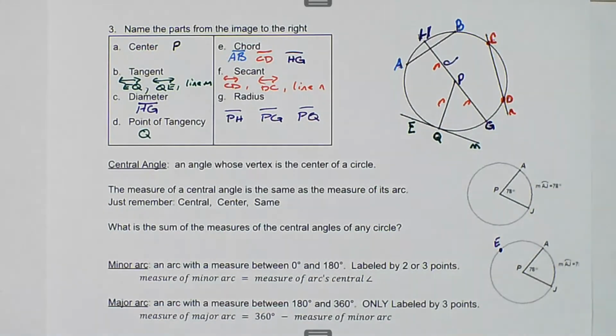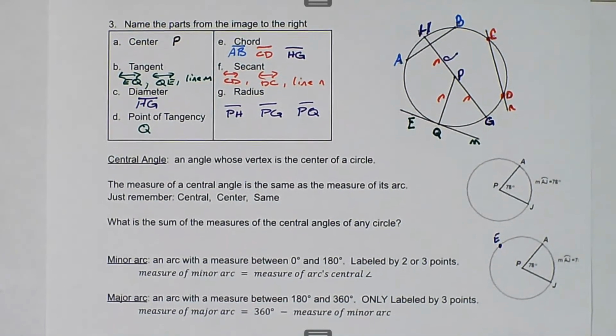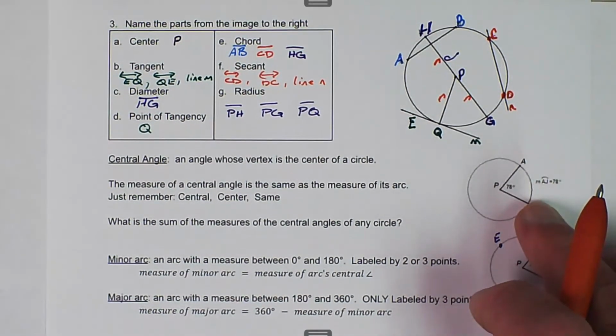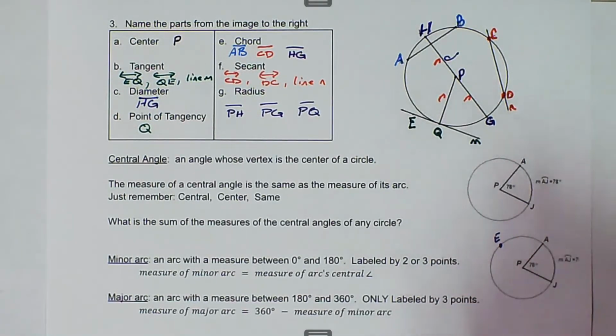Now we have a central angle, and a central angle is an angle whose vertex is the center of a circle. So if we're looking at our example right here, our central angle, we would call it angle APJ.